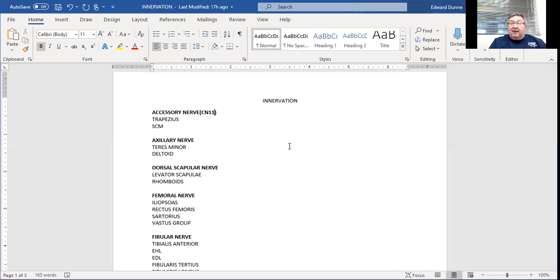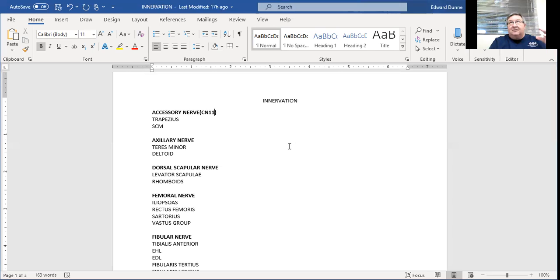and it inserts onto the superior angle of the scapula. Now, the rhomboids, which are below levator scapula, are in pretty much the same area. The rhomboids come from the transverse processes of, let's see, I'm kind of brain dead on that one.